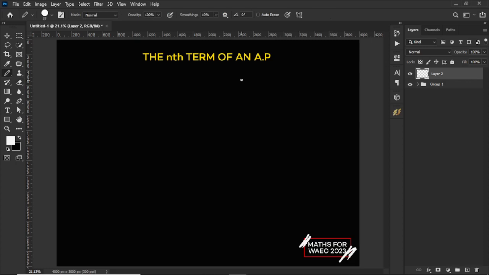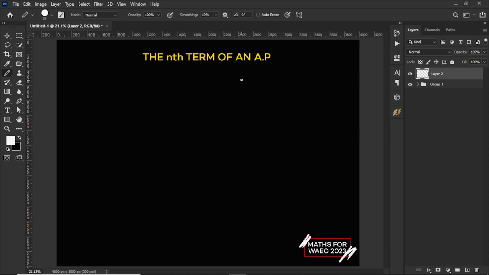We also want to look at how to find the nth term of an AP. We already know that A is the first term and D is the common difference, isn't it?